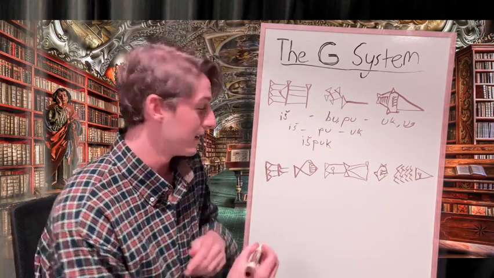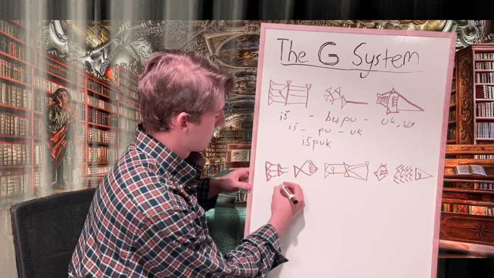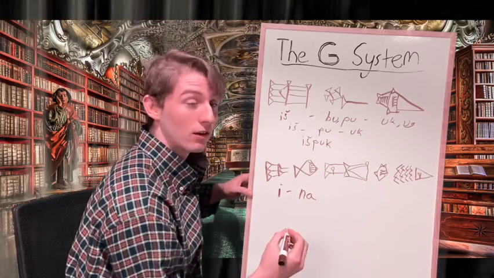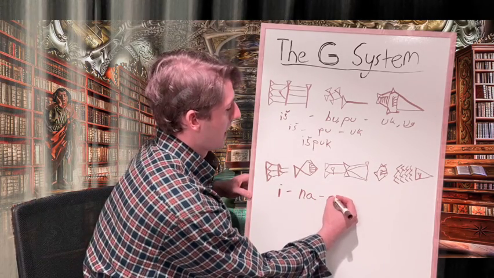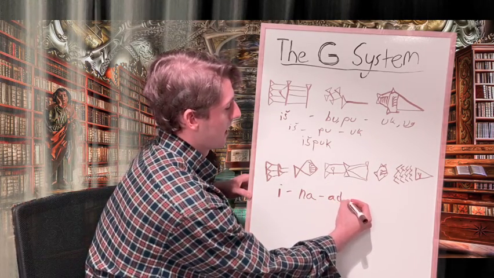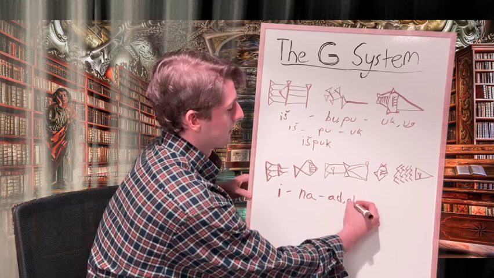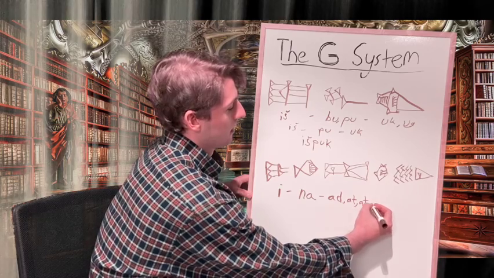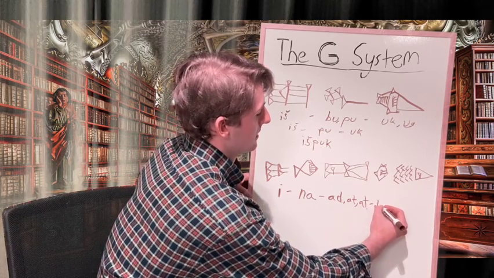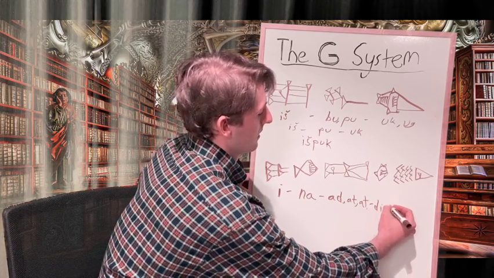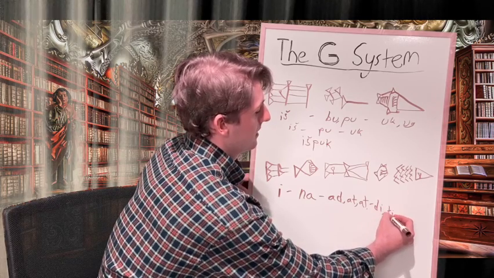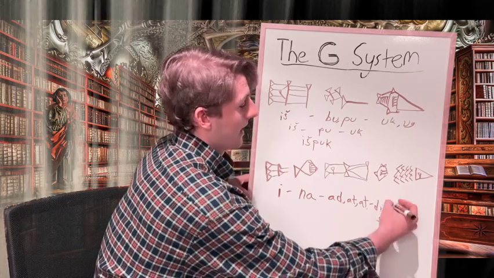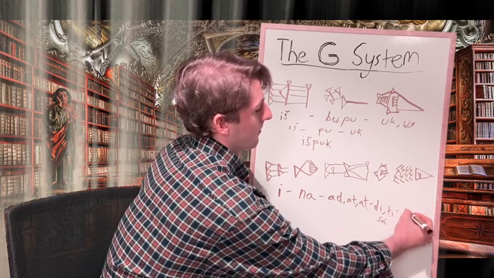So this first sign is the I sign, followed by the na sign, followed by the ad, at, and at with an emphatic T, followed by D, emphatic T, T, and sa, and the in sign.